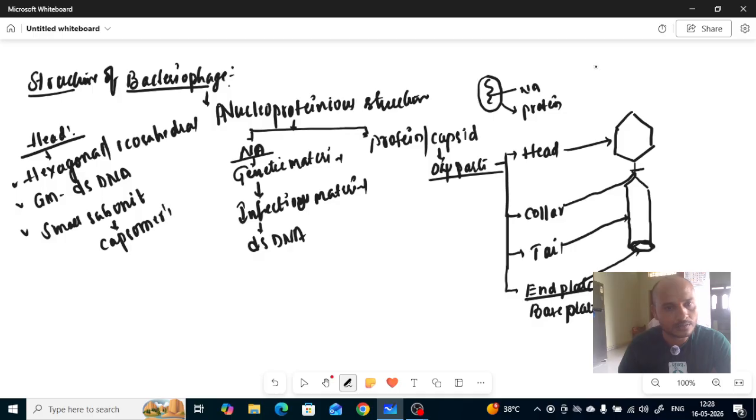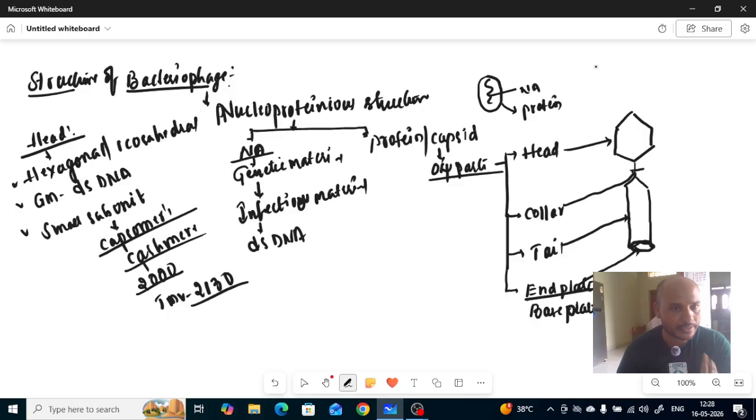There are 2000 capsomers that make up this head part. In tobacco mosaic virus there are 230 capsomers, but in bacteriophage we have 2000 capsomers.